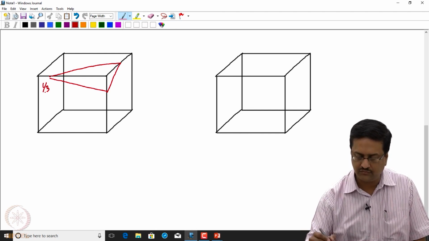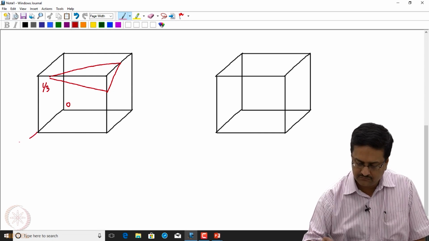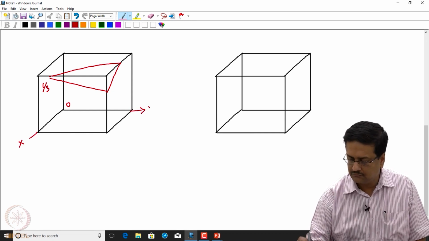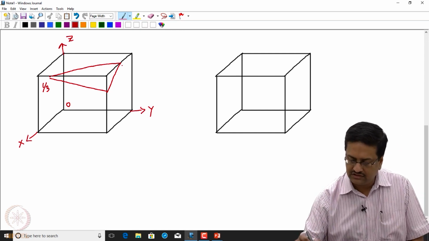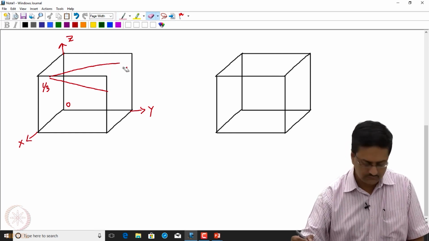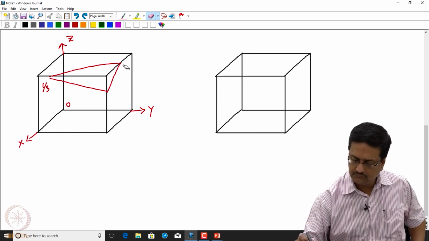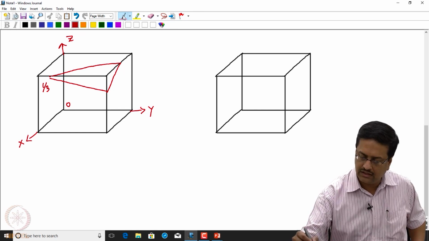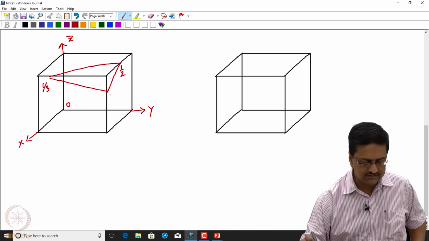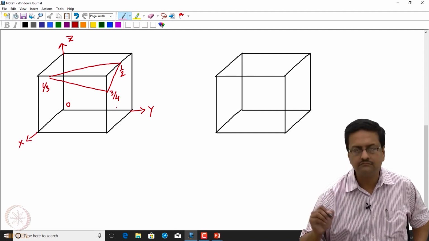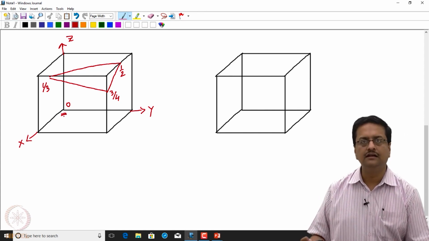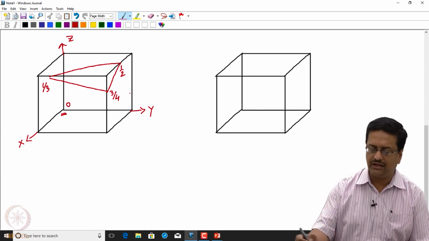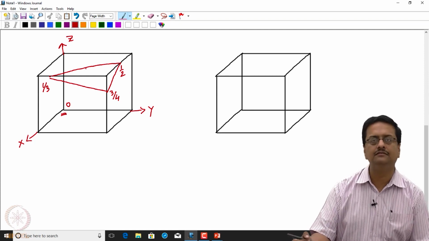This has intercept 1/3 with respect to that origin. This intercept here is half. And here this intercept is 3/4. So now with respect to the origin located here, it is difficult to find out where this plane would go and meet x, y and z.